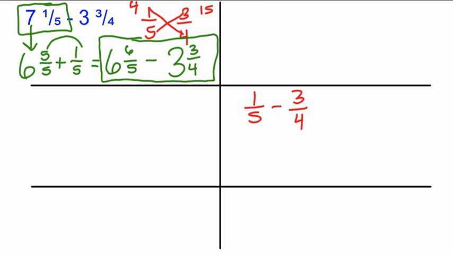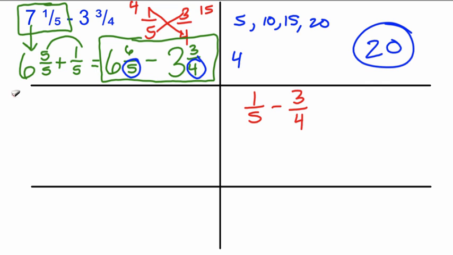So I'm starting in this box, finding my least common denominator for 5 and 4. If I count by 5s, 10, 15, 20, I know that 4 is going to go into 20. So 20 is our least common denominator. We're going to rename our fractions. So we have 6/5, 3/4.